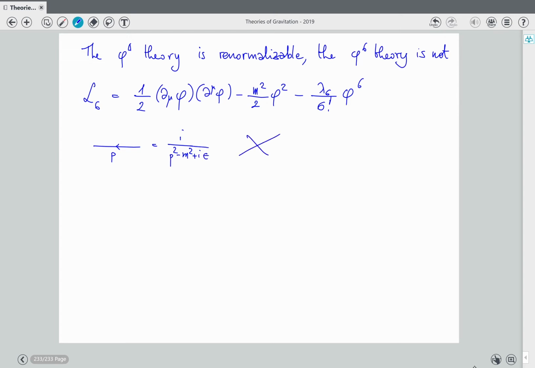But now you have a vertex with 6 legs. Like that.